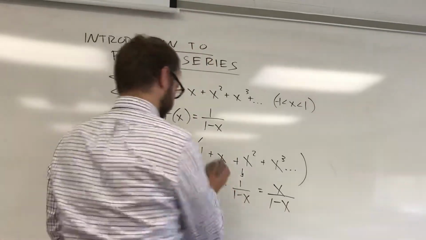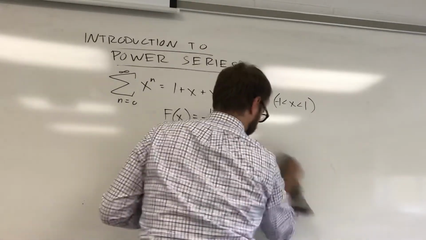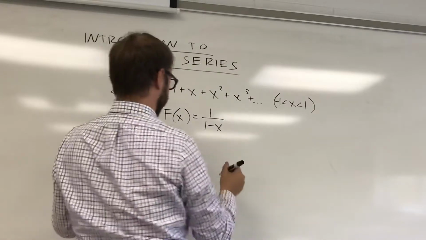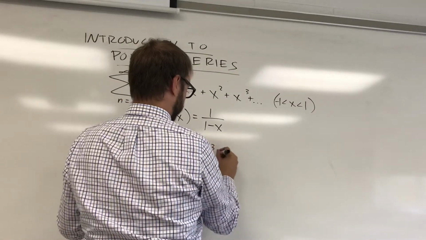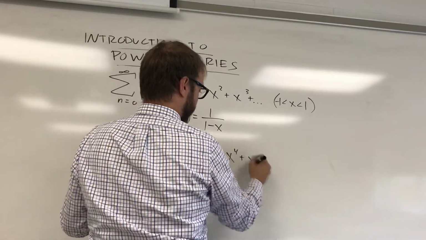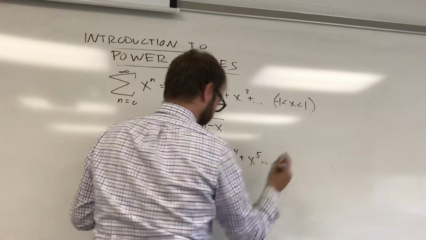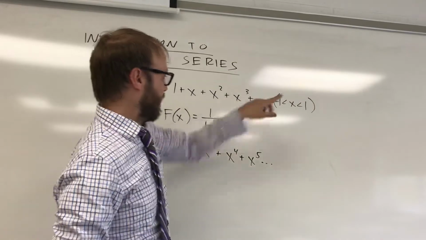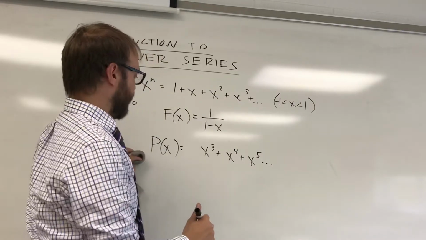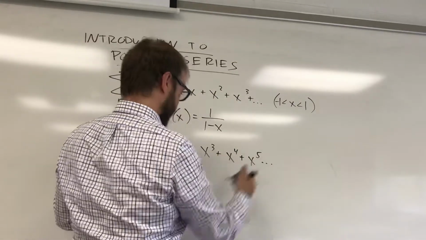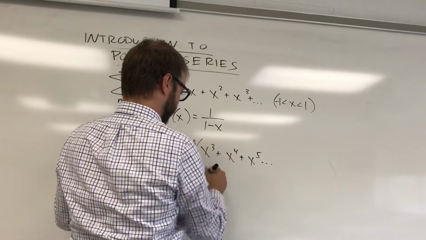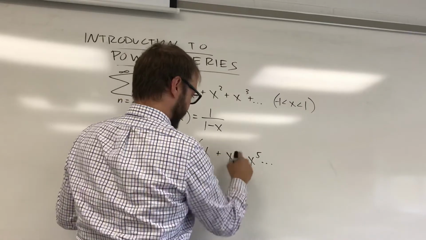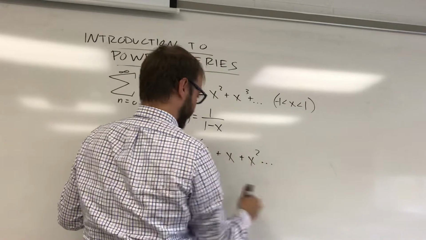And so, you know, if you had a series like x cubed plus x to the fourth plus x to the fifth, and so on, maybe you would notice that this whole thing got multiplied by x cubed. Okay, so you could factor an x cubed out of this, and that would drop this down to a 1, and that down to an x to the first, and that down to an x to the second, and so on.